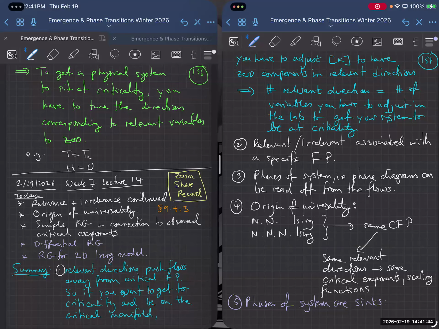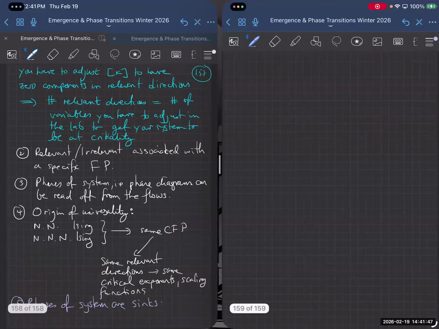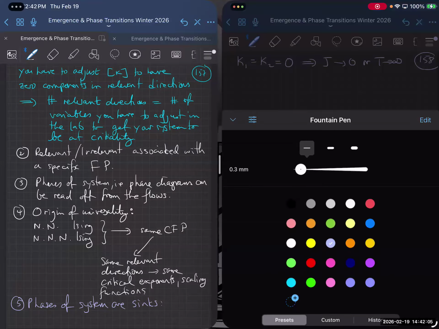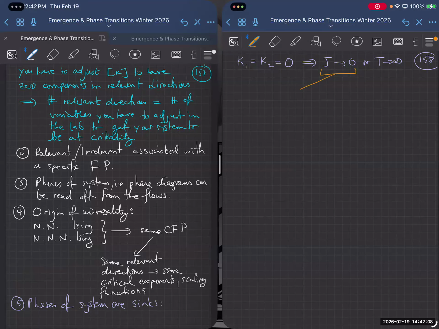So in other words, in the example that I showed you last time, if K1 and K2 are both equal to 0, that is one of the sinks, and that means that J goes to 0 or T goes to infinity, and that means here a paramagnet with no nearest neighbor or next nearest neighbor spin interactions.